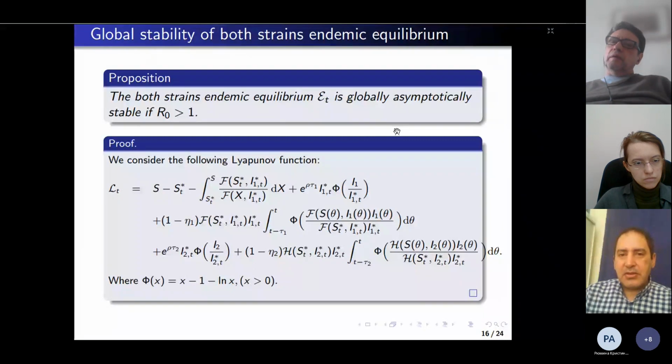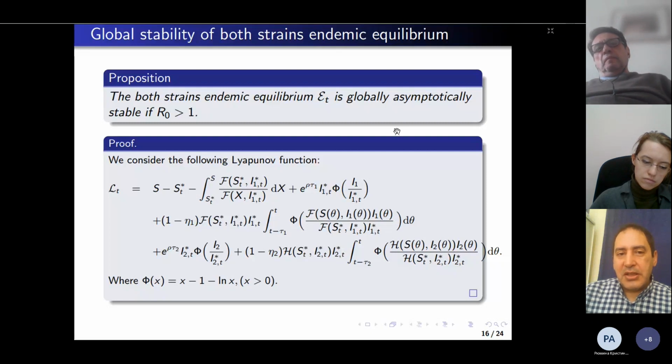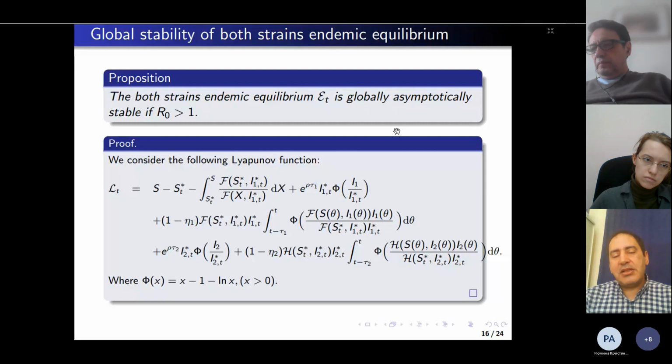If the stochastic basic reproduction number is less than 1, the stochastic problem goes to extinction. But even if the stochastic basic reproduction number is less than 1, the R0 is still maybe slightly greater than 1.